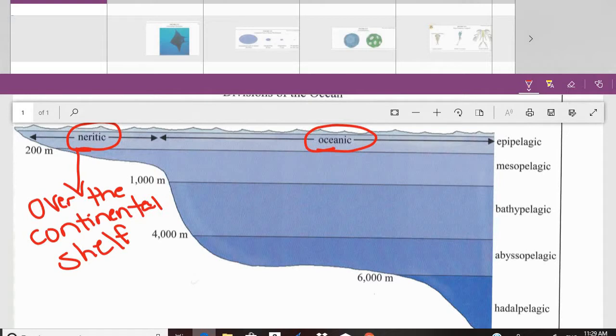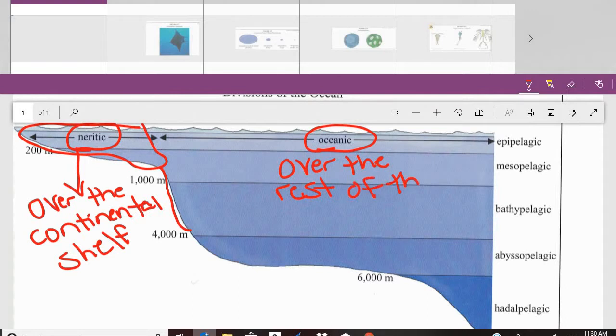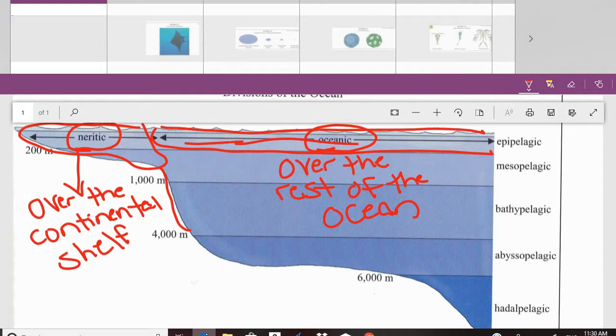So within that top layer, the part that covers the continental shelf, before you get that drop off, would be called the neritic zone. And then the rest of it, the area that's over the rest of the ocean, is the oceanic epipelagic. Okay, so it's just this top layer, but it is the part that extends beyond the area of the continental shelf.